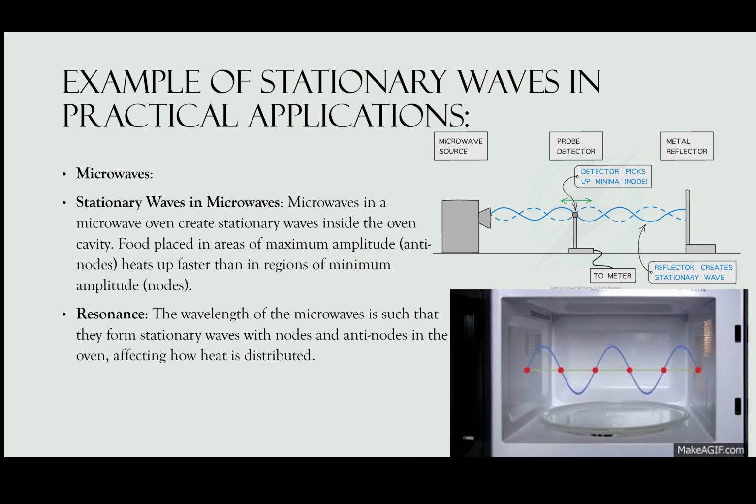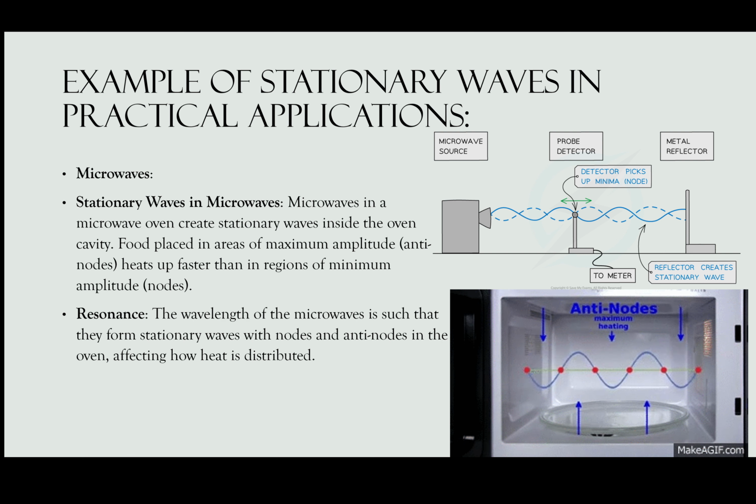Microwaves in a microwave oven create stationary waves inside the oven cavity, right? And food is placed in areas of maximum amplitude, or the antinode. Have you ever put food in a microwave and only sections of the food heat up, but some sections are cold?